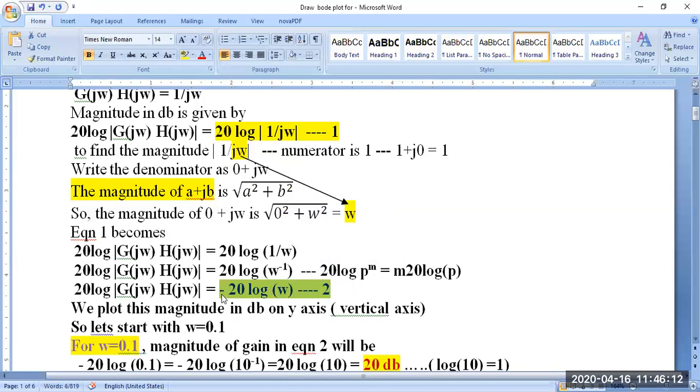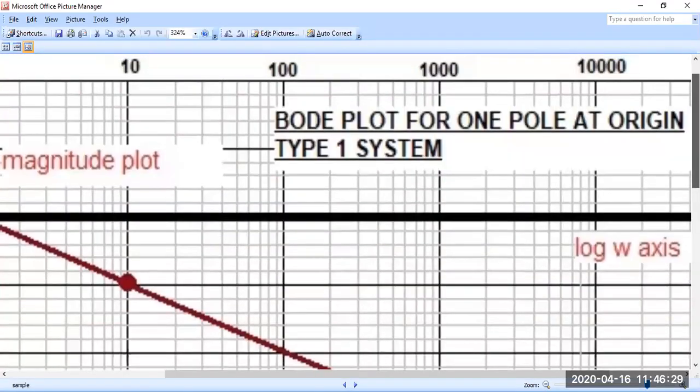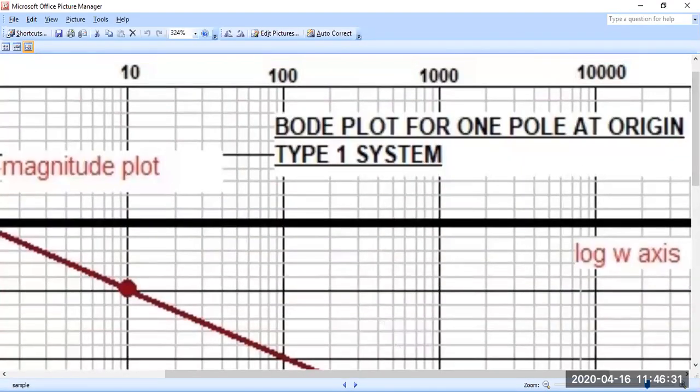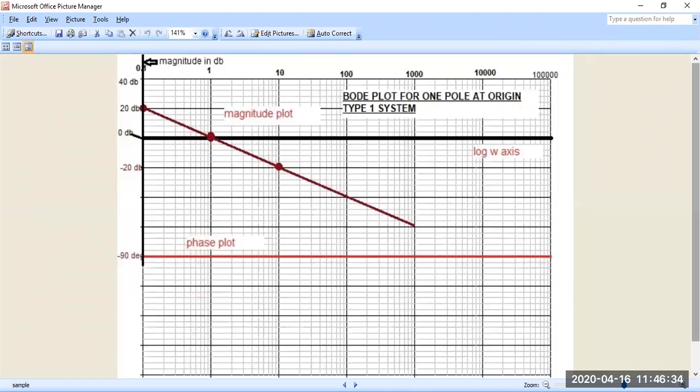From this equation number 2, we are going to start the magnitude plot. Now, what is magnitude plot? In Bode plots, let us understand it very properly. So let me share a new slide with you. Whenever we consider a magnitude plot, understand that we are going to plot the magnitude on the y-axis. So this black line that I am showing you with the help of the cursor.